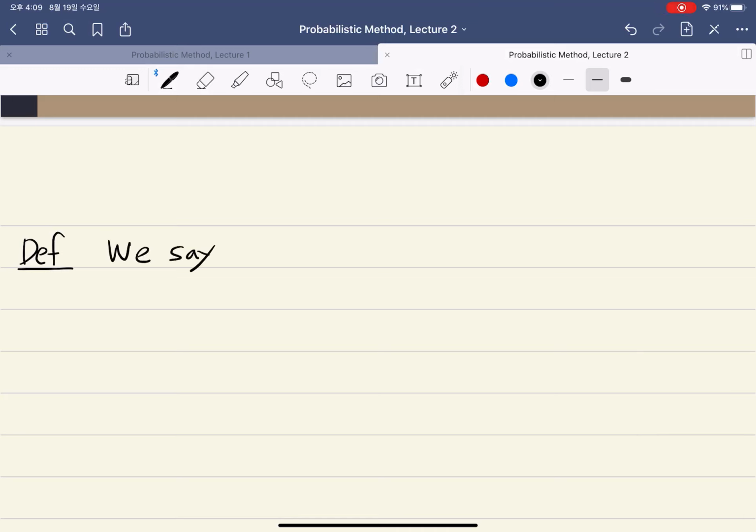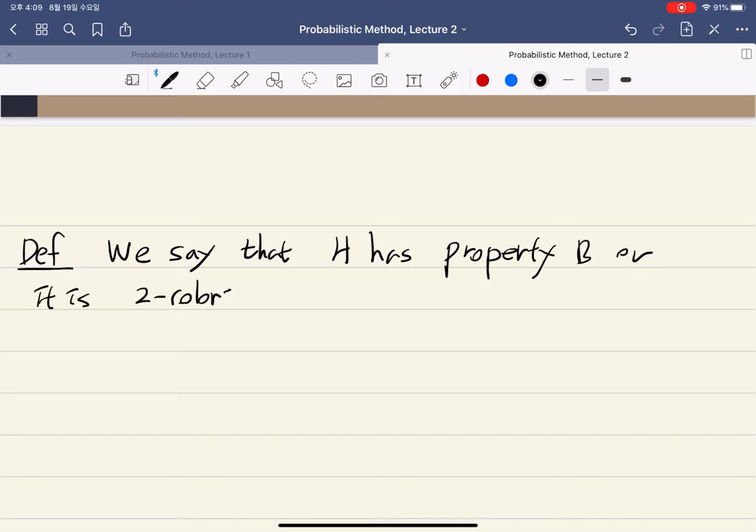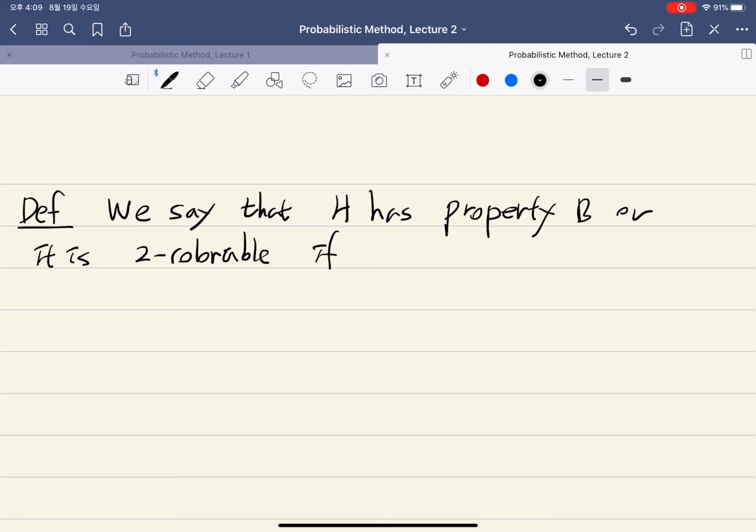So we say that a given hypergraph H has property B, or simply it is two-colorable. Both of them are the same thing. So this is the definition. There are several names for it because at the early time people have called it property B, but which is essentially what it means to be two-colorable.